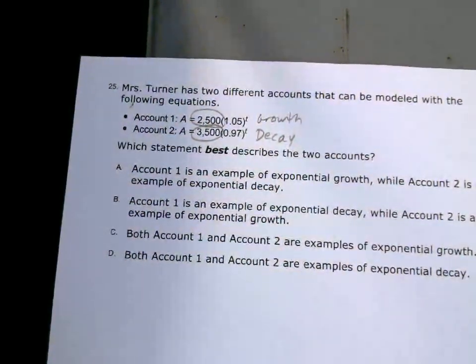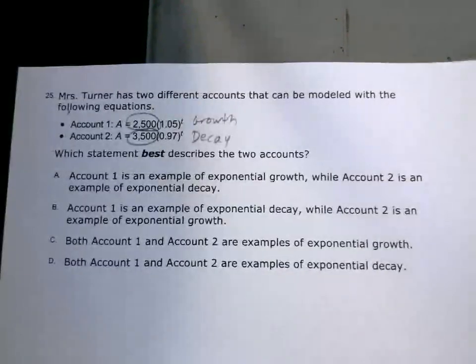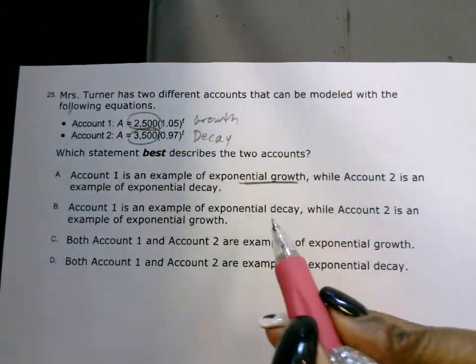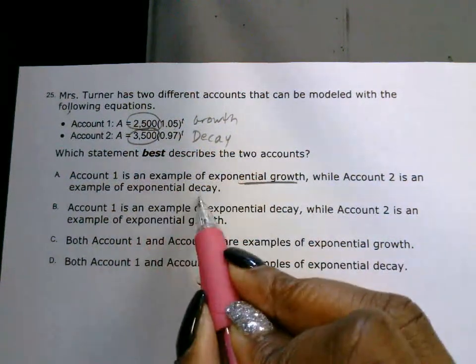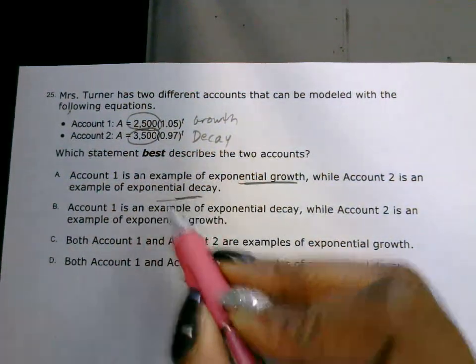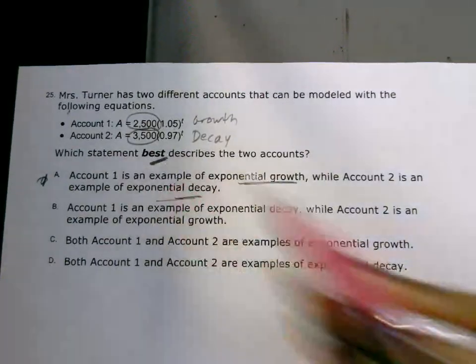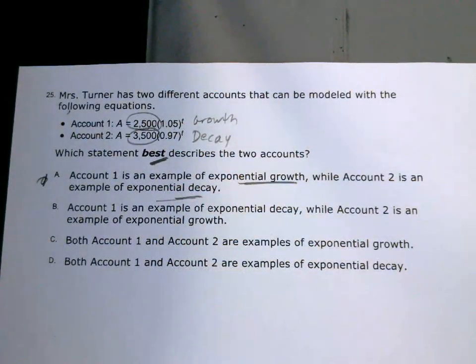Let's read the statements to see which one best describes the two accounts. It says account one is an example of exponential growth. It is. Account two is an example of exponential decay. That is very true. This is a good answer. But it says best, so we need to read all the answers to see which one describes it the best.